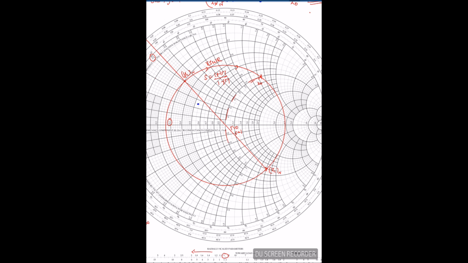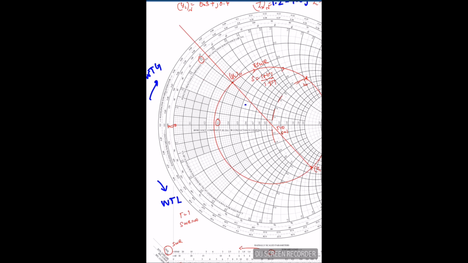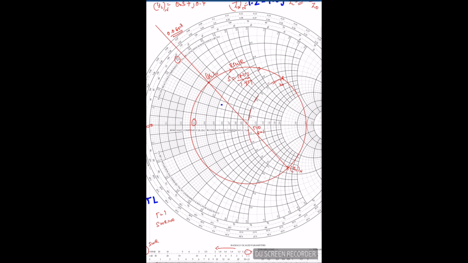To make this move, this is the initial wavelength at the load on the outer scale, the wavelength towards the generator. This is my normalized load admittance, and this is the wavelength at the load. When I want to move to this point, how much distance am I moving?